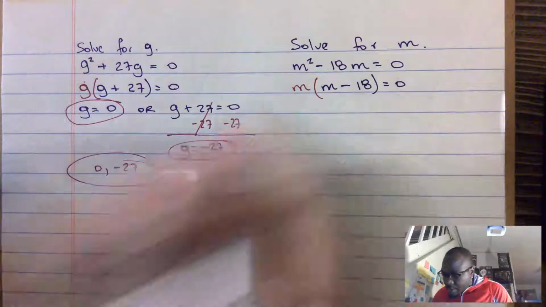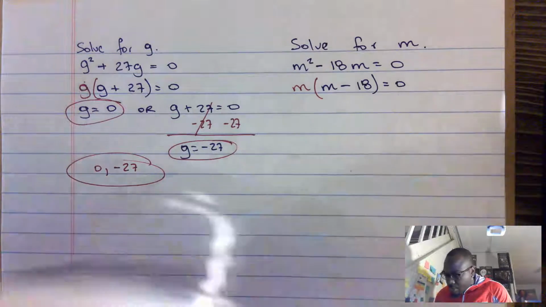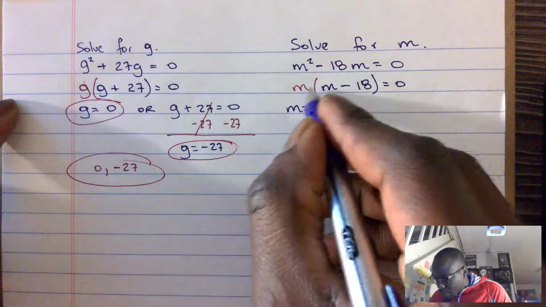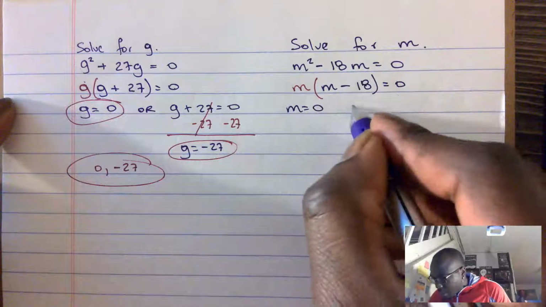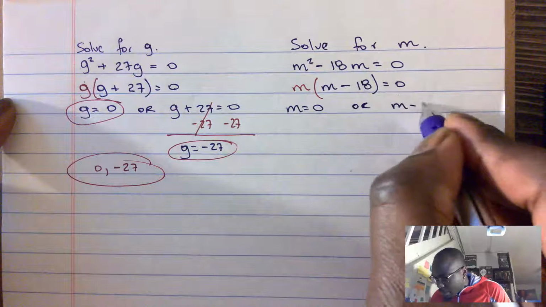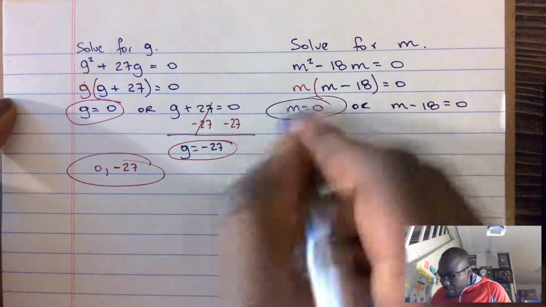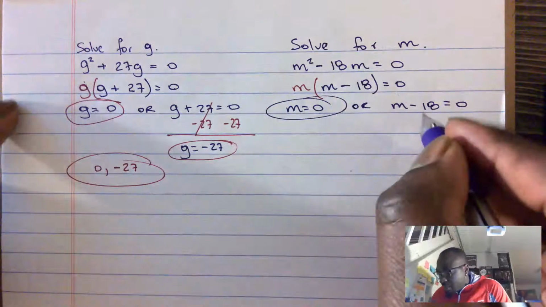So here, we're going to set each factor equal to 0. So I have m equals 0 because it's a product here, or I have m minus 18 equals 0. Again, m equals 0. You can't do anything there.